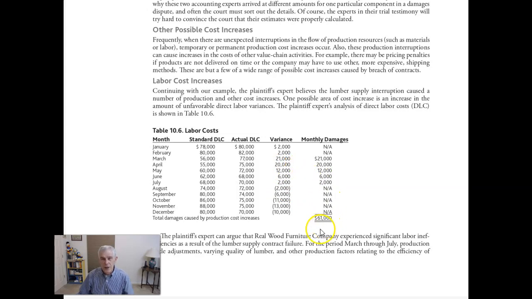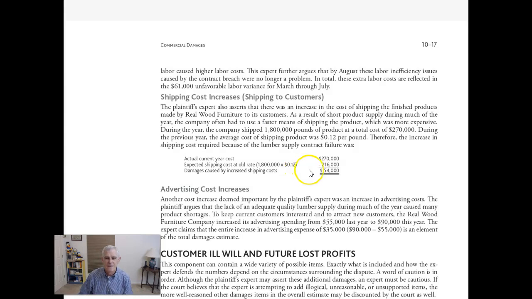So let's add these. We're adding these up. These are going to be cumulative. And the actual shipping cost, $270, and the expected shipping cost at the old rate, 12 cents. So you have to pay money to get your product, the plaintiff did, when they complete it to their customers.